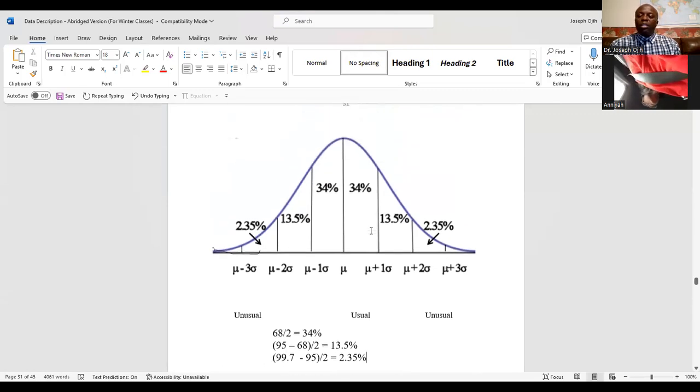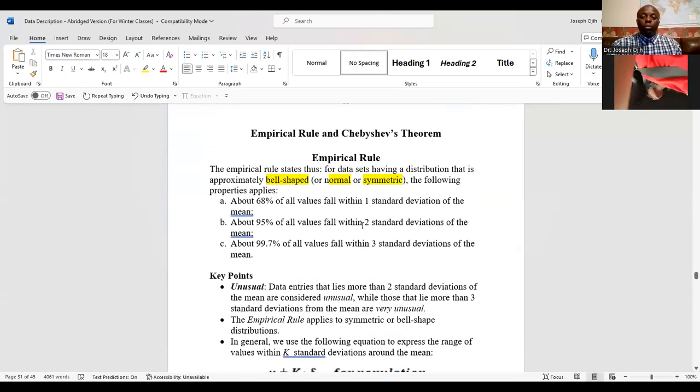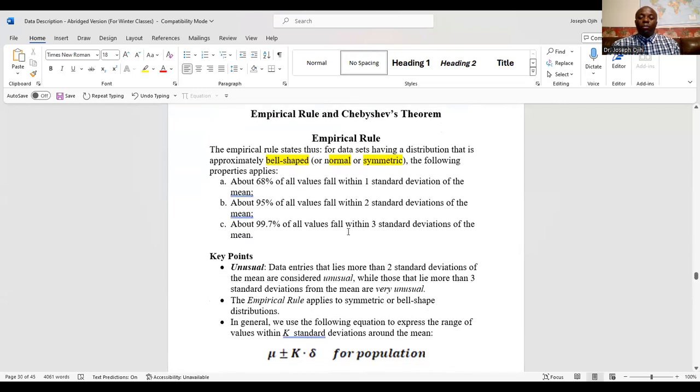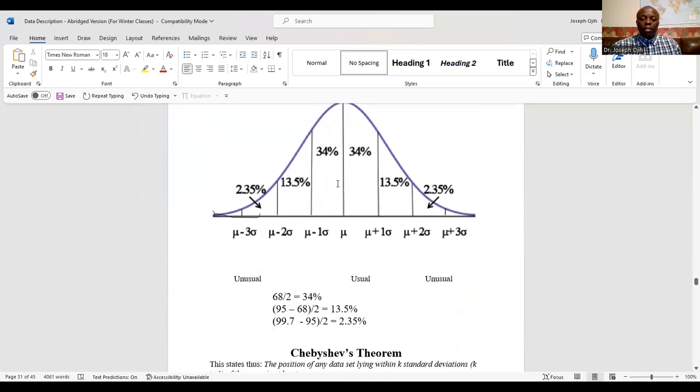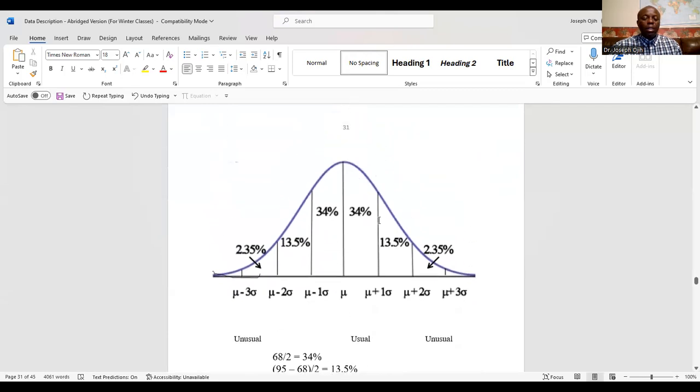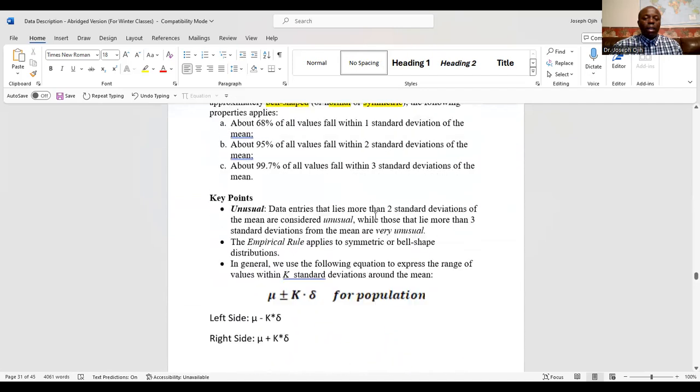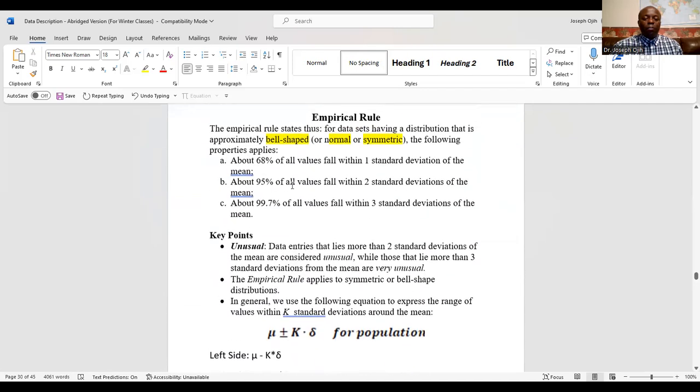So that is what the empirical rule is saying. For a data set that is bell-shaped, normal, or symmetric, about 68% of the values lie within one standard deviation of the mean, which you can see from here: 68% divided by 2, you have 34. The next is that about 95% of all values fall within 2 standard deviations of the mean.